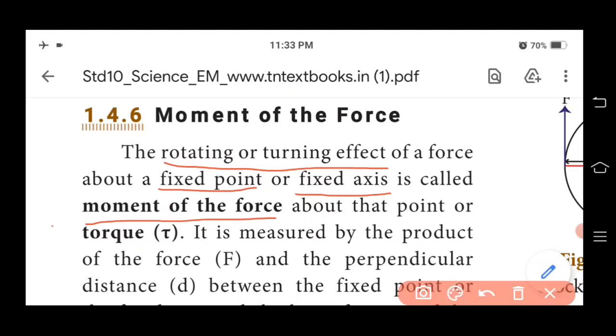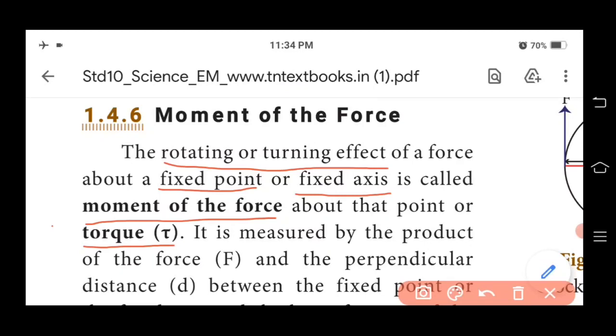The moment of the force is defined as the rotating or turning effect of a force about a fixed point or fixed axis, called the moment of the force about that point, or torque.